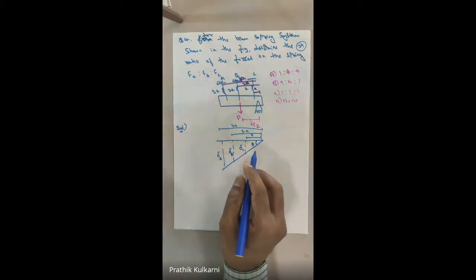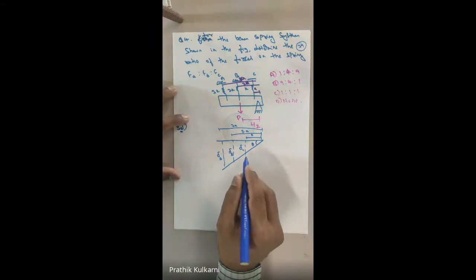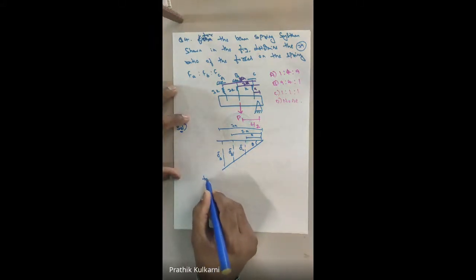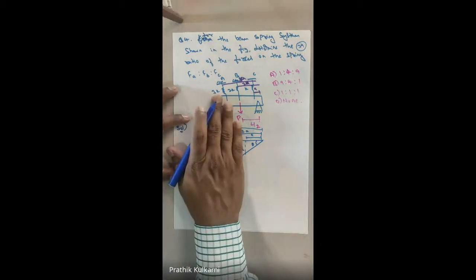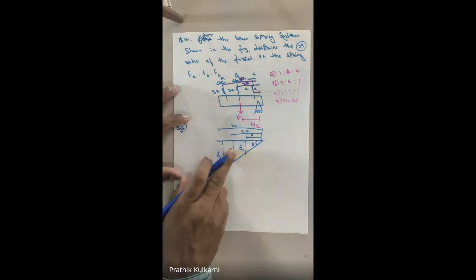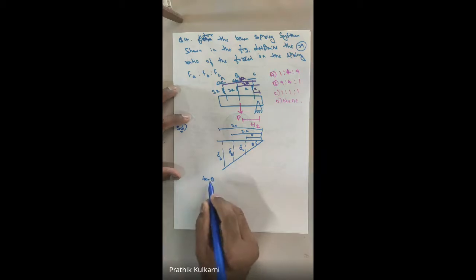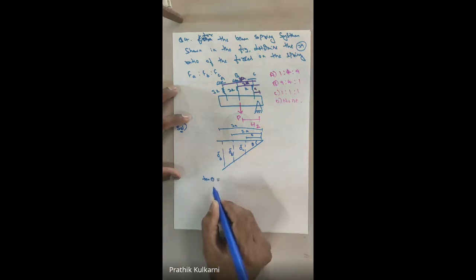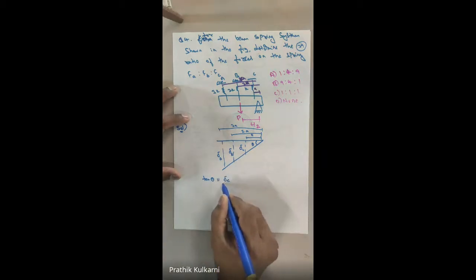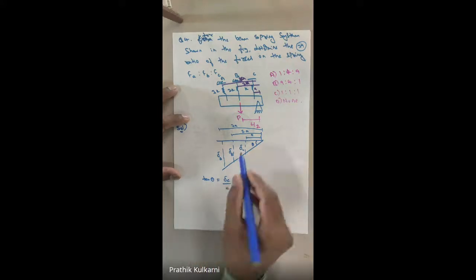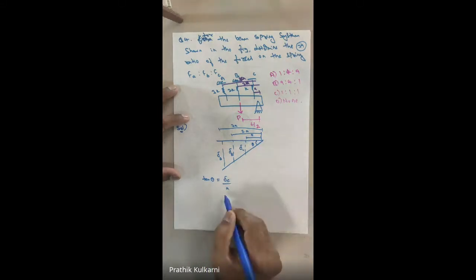Yes or no? In the previous session also we conducted this. As I suggested, if you find tan theta for the first one, theta C, can I write it as delta C by A? Yes or no? Delta C by A is my tan theta.